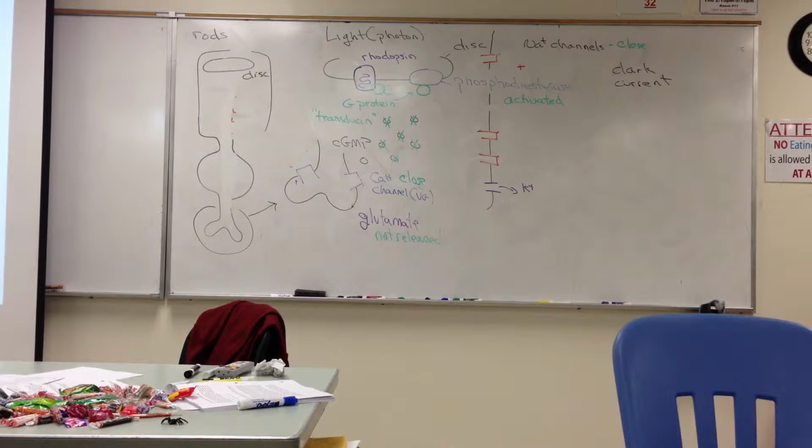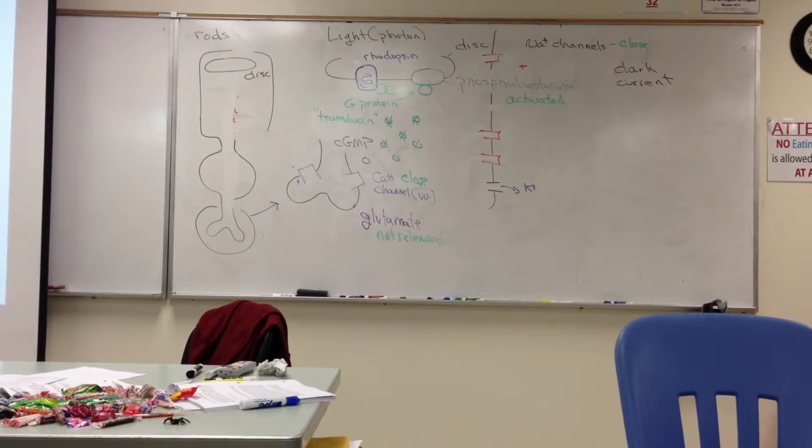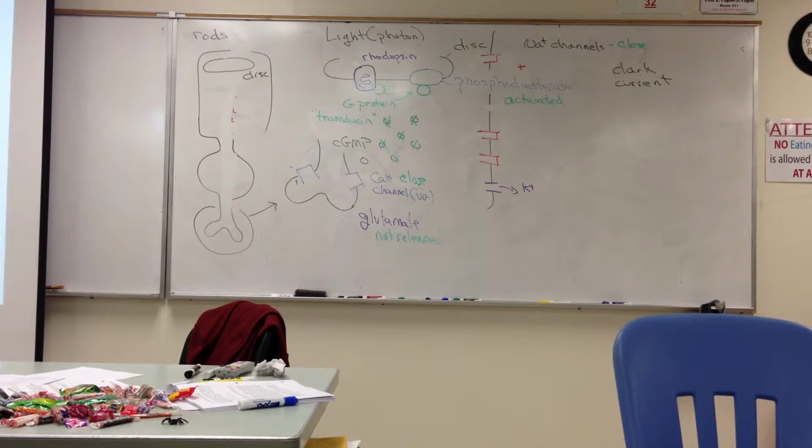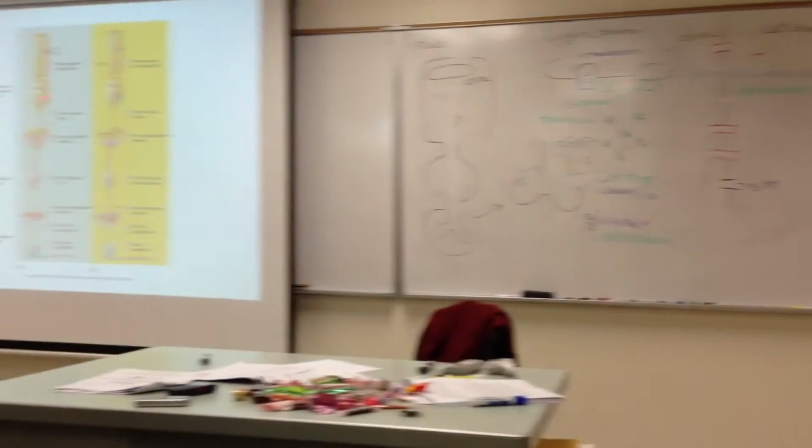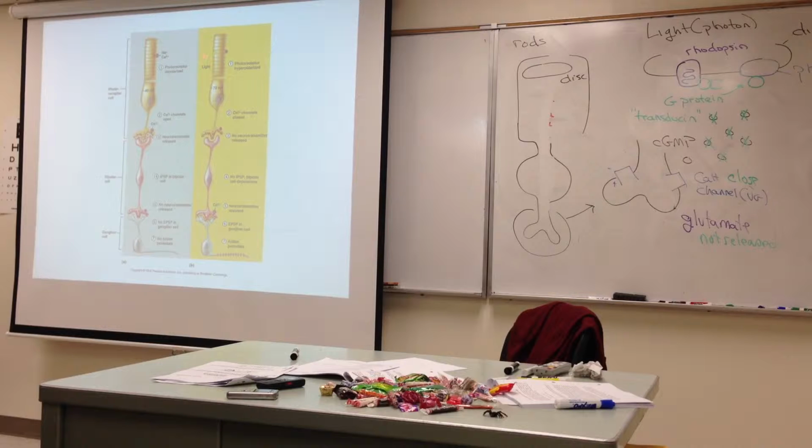Real quickly on those two, one says no neurotransmitter release, so that would be light. In the light, exactly correct. Does the neurotransmitter release start declining if those channels start closing? Well, this is in the dark, so the reason the neurotransmitter is being released is because we're sending a graded potential down there, and the calcium ions are binding, releasing that.